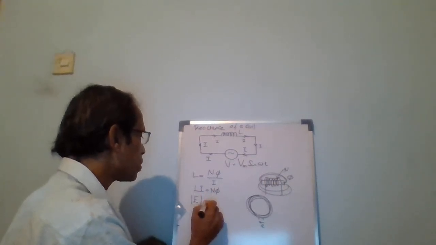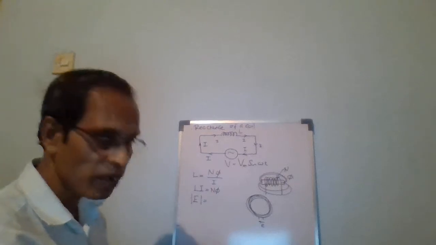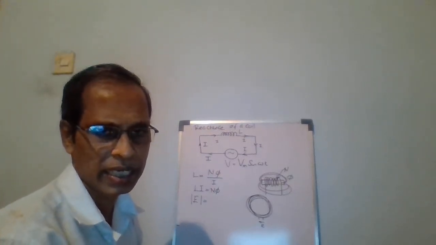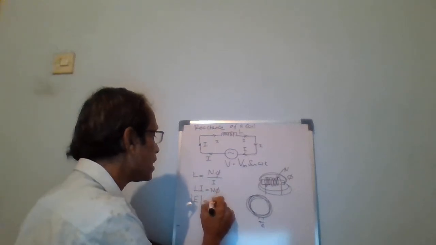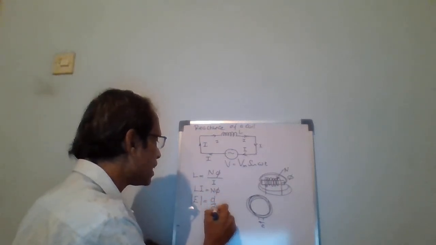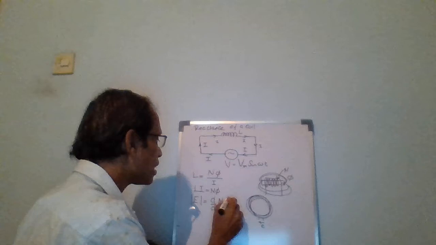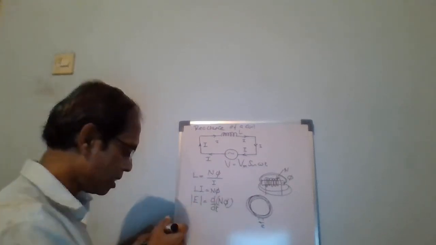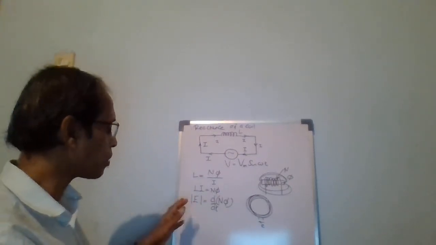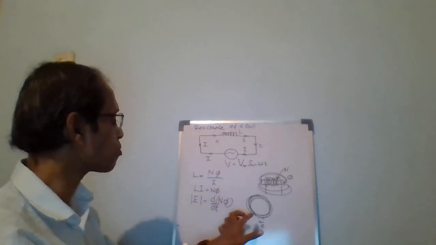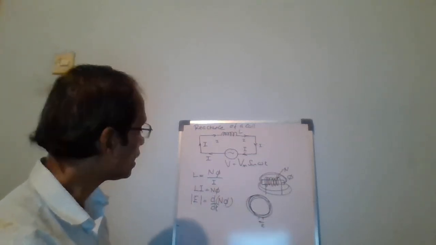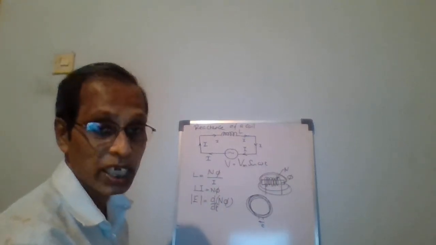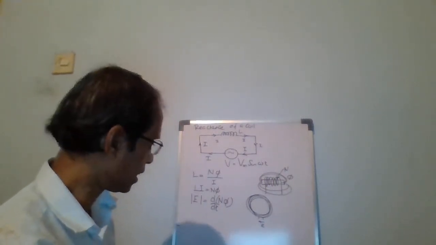Here is equal to the rate of change of flux linkage. The magnitude of this electromotive force, or voltage difference between the two ends of the coil, is equal to the rate of change of flux linkage.